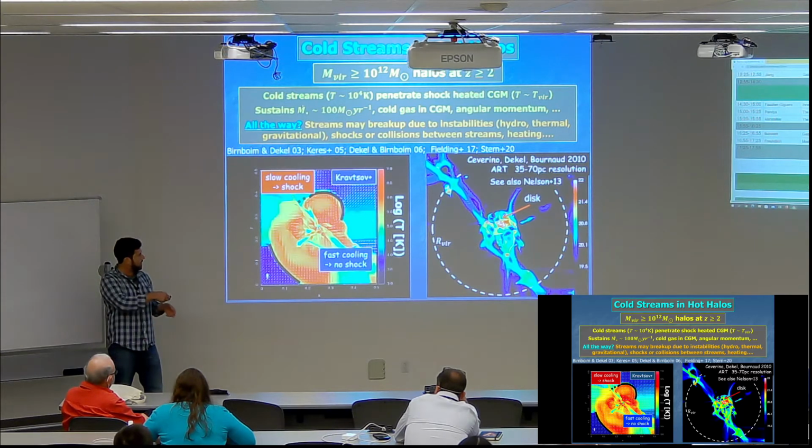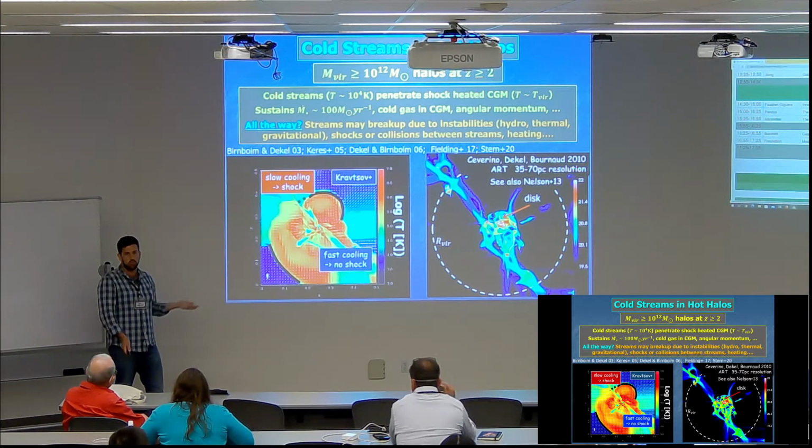And indeed, a while back, groups started to run cosmological simulations, and depending which cosmological simulation you were to look at, they say streams disrupt well out near the virial radius, or streams make it all the way into the central galaxy. But you really shouldn't be trusting any of them, including us.